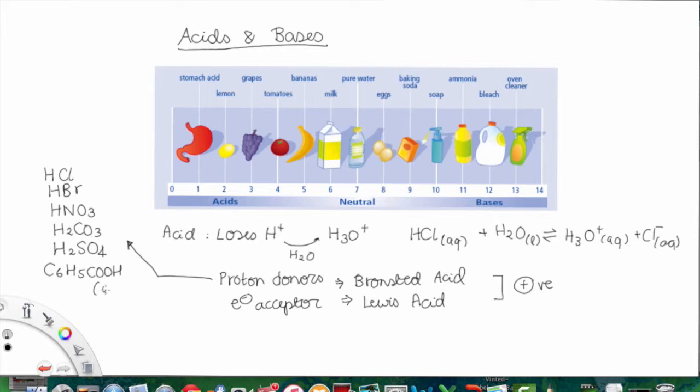I wrote this out because it's obvious why all of these acids are proton donors. They have an H+ present that can be donated.